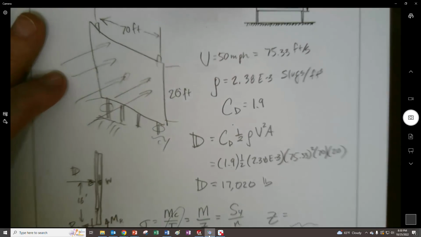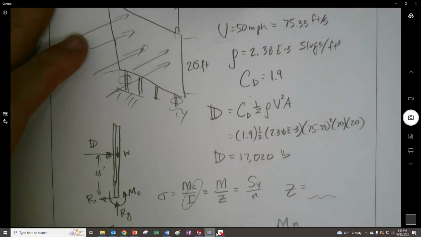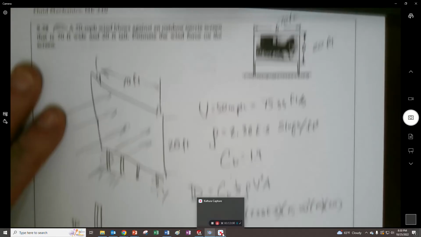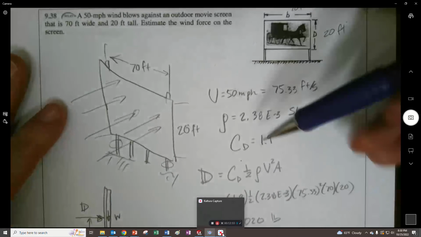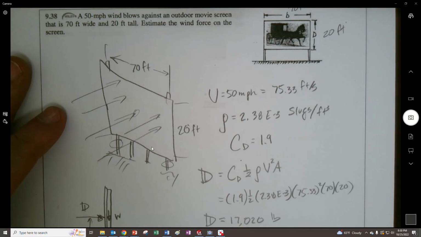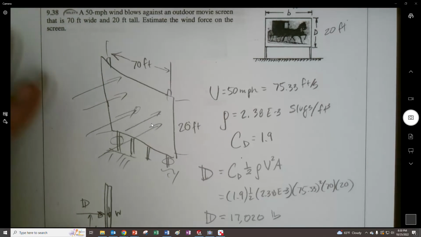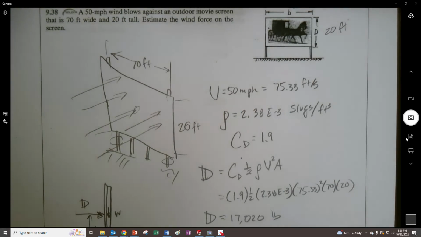I thought that was an interesting problem because we could combine some stuff we've learned from fluids with some stuff from mechanics of materials and machine design class. That's it for this, and we'll do some more examples. This is video 4 for class 17.